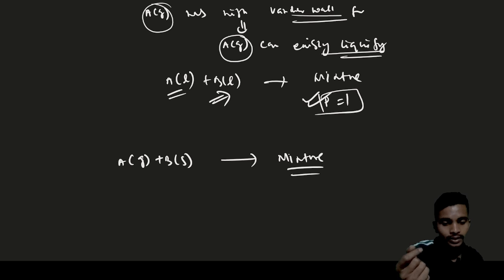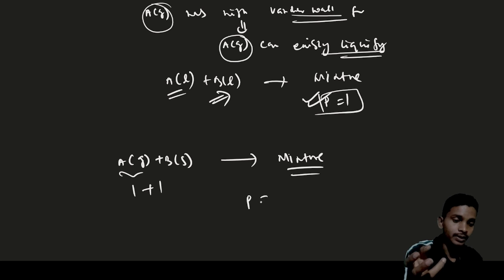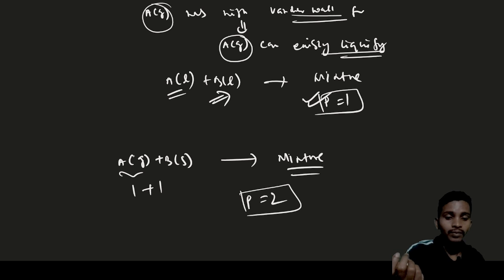So for the gas 1 phase and for the solid 1 phase, so total phase equals 2. A gas will not solidify into a solid, so it can be liquefied, but solidification is very rare. So always assume that pH equals 2. If one solid and one gas is there, then pH is 2. So the gas will give one phase and the solid will give another phase.